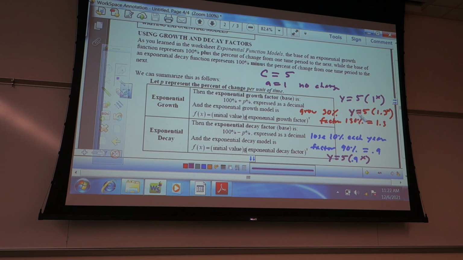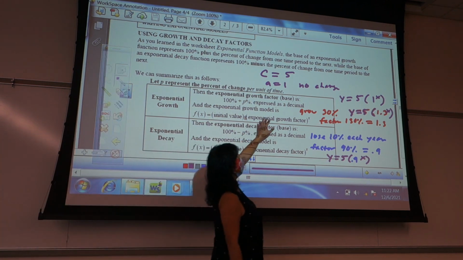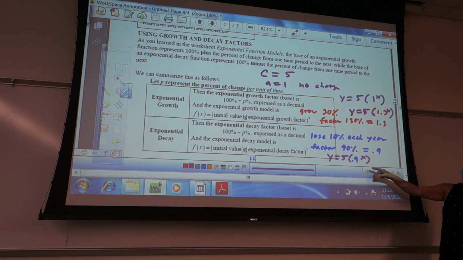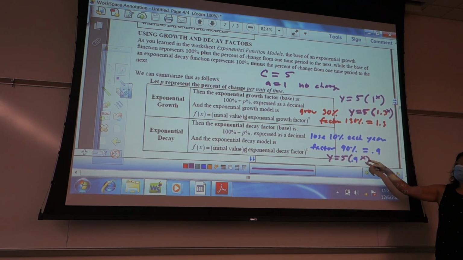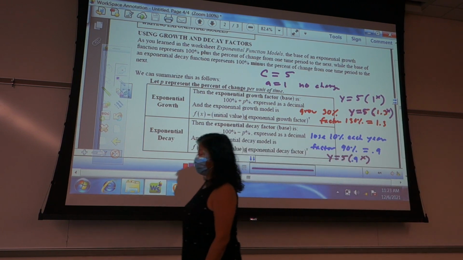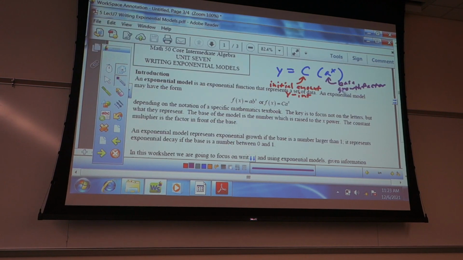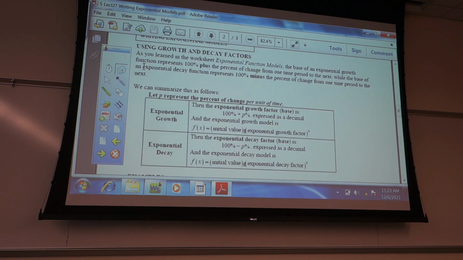Should I make this purple? Like that. Right, so again, your growth factor or decay factor, as a decimal, not as a percent, that's your A. Good. So A is my growth factor, or my base.